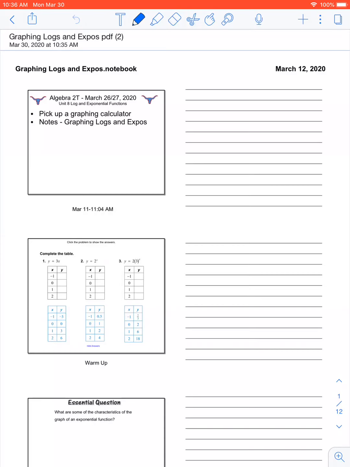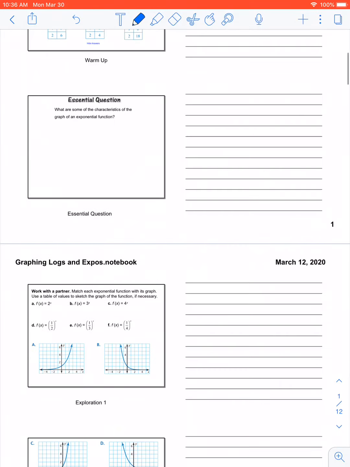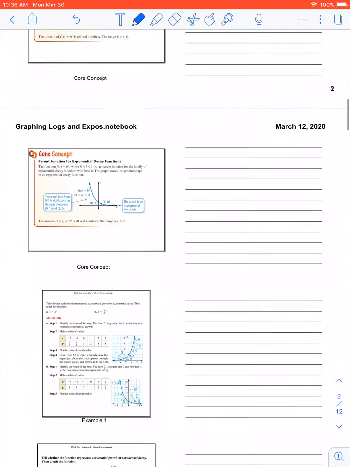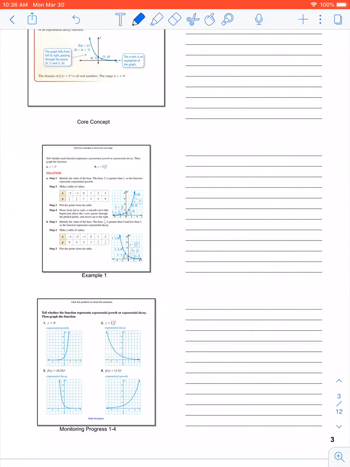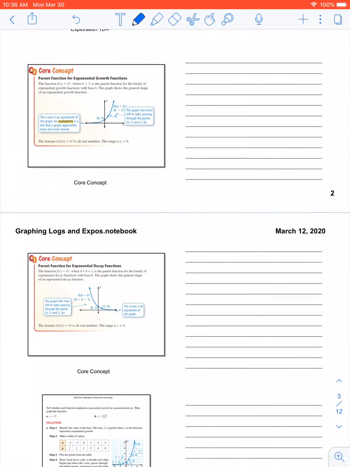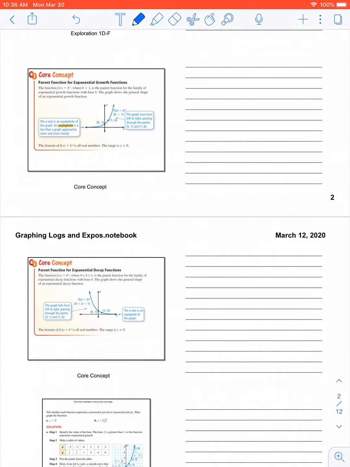And so today what we're going to do is a little bit more on that worksheet from the other day. Looking at the note sheet here, pages 1, 2, and 3 were what we talked about on Monday about exponential growth and exponential decay. Remember, B is the letter attached to X, and if B is greater than 1, like right here, then it is going to be exponential growth.